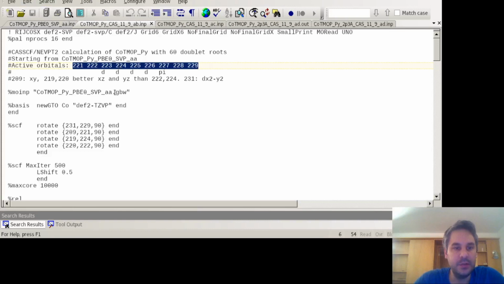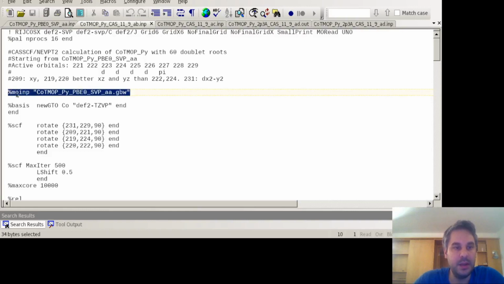So what I need to do is to read the orbitals from the output file. So I do it using the moinp keyword and choosing the GBW file. So this means that where I submit the calculation, I will have to have this file in the same folder as my input file.